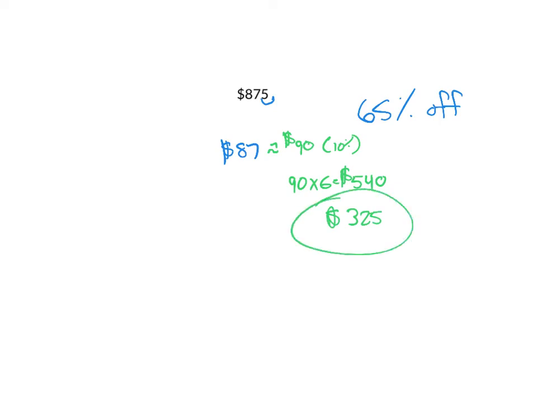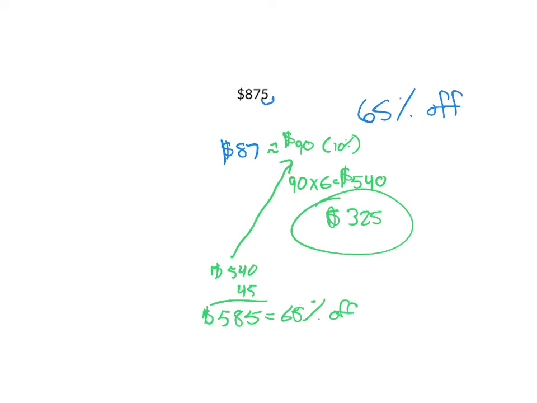You can also take that 540, which is your 60%, and go back and take half of that to get your additional 5%. So half of 90 is 45. So you know that 585 is your 65% off.